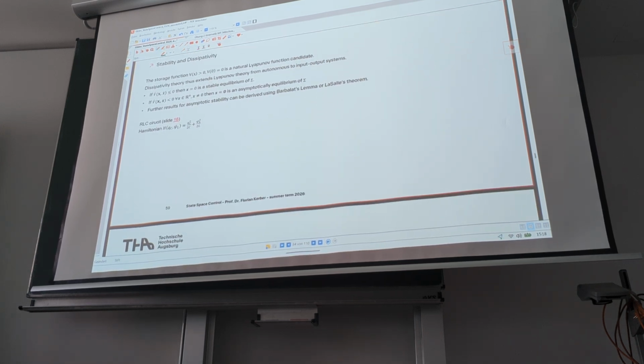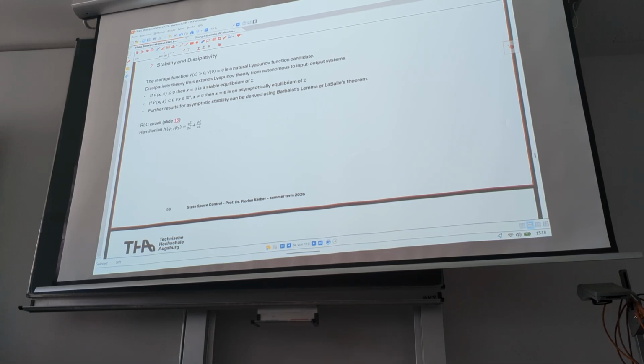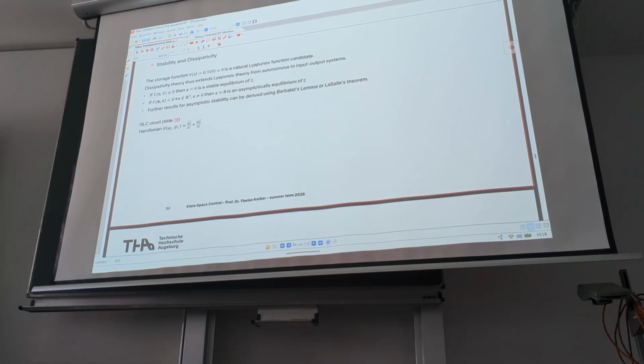Let's do that for the system that we discussed in the beginning, the RLC circuit. In that case, the Hamiltonian, which we have used before, can be cast as a quadratic function with the charge and the flux. How I arrange them doesn't matter.